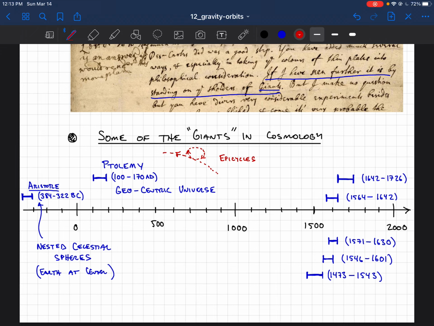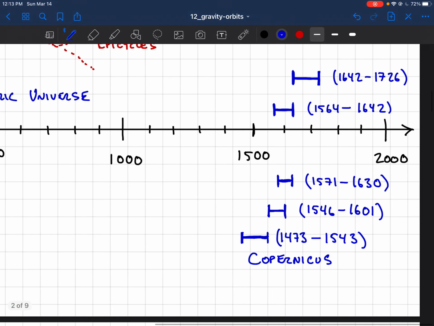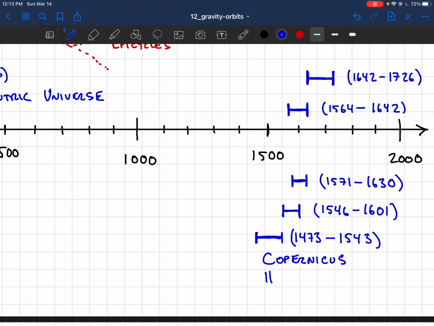It wasn't until the mid-15th century, or the late 15th century, that Copernicus, so this is Copernicus here, came up with the idea of a heliocentric universe.